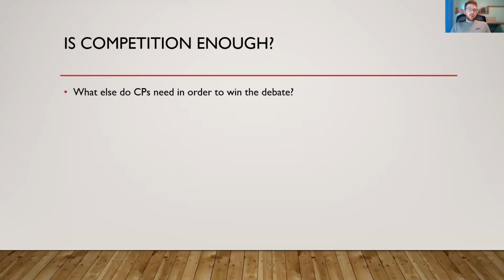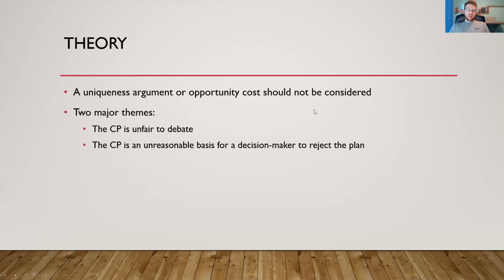Similarly, this theory argument is doing the same thing, which is you are saying that this advocacy is an unreasonable basis for a decision maker to reject the plan. So it would be unreasonable to say I should not buy a car because hypothetically Jeff Bezos could buy me one, because that is not relevant. That will not happen.